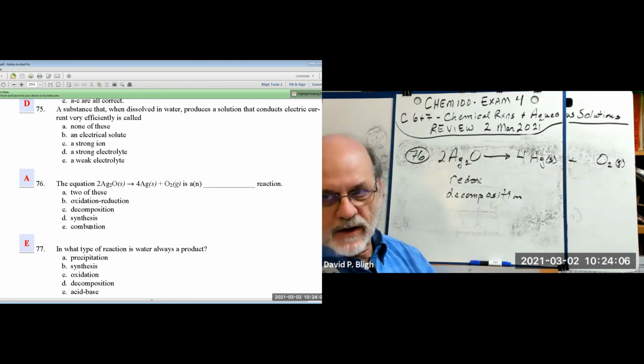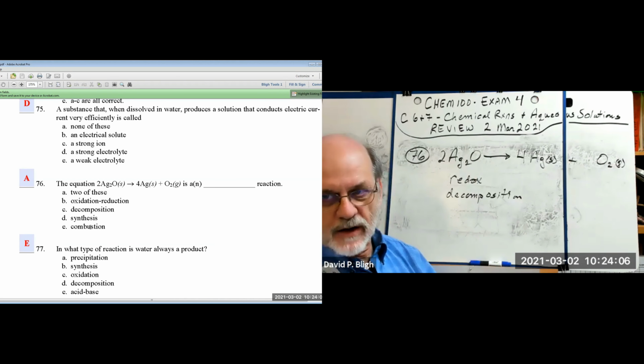So scroll down a little bit. 138. Let's take 138 and take the word problem. Just put your blinders on, don't look at the answers. The word problem says we want the molecular equation, the complete ionic equation, and the net ionic equation for this reaction. Aqueous copper 2 nitrate.